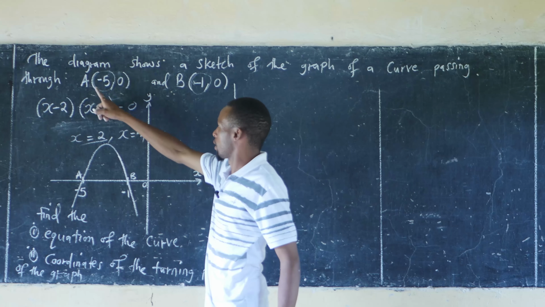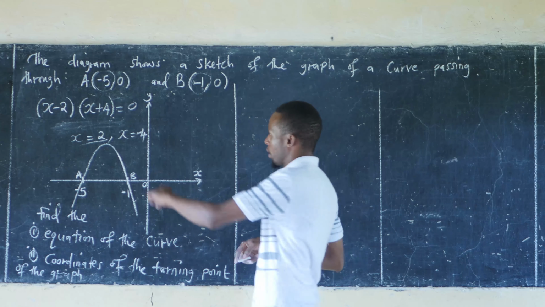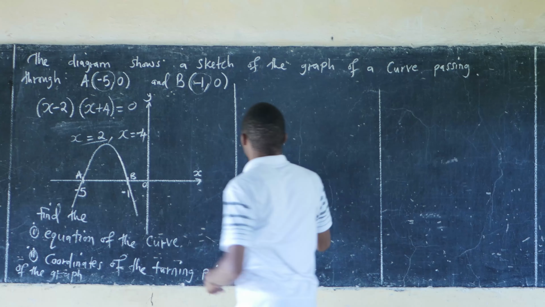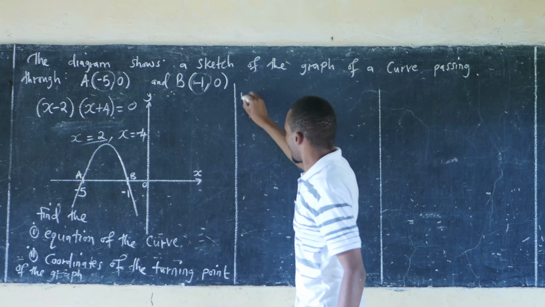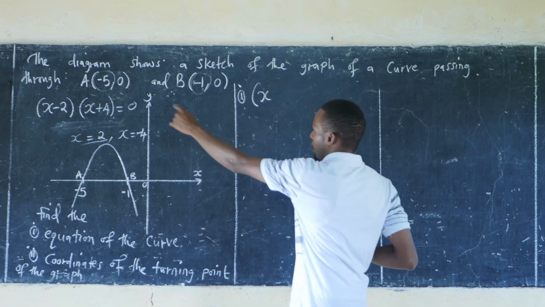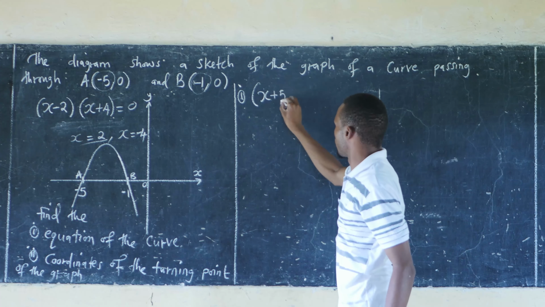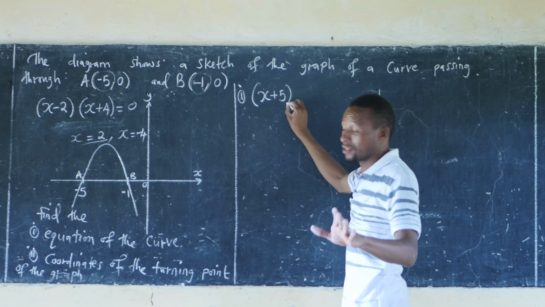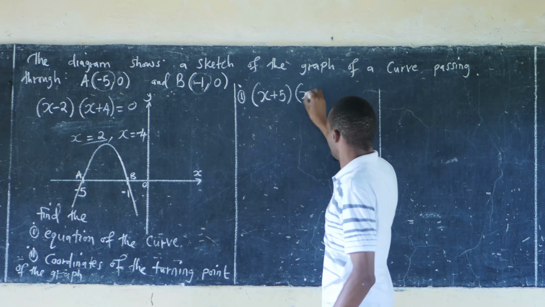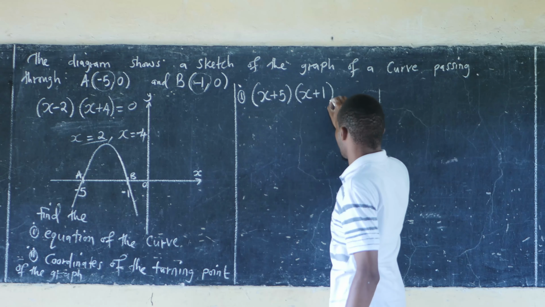Open a bracket, x, and since the first answer is negative, in the bracket it will be positive. Change their signs. Then open another bracket, x, and since it's also negative, here positive.